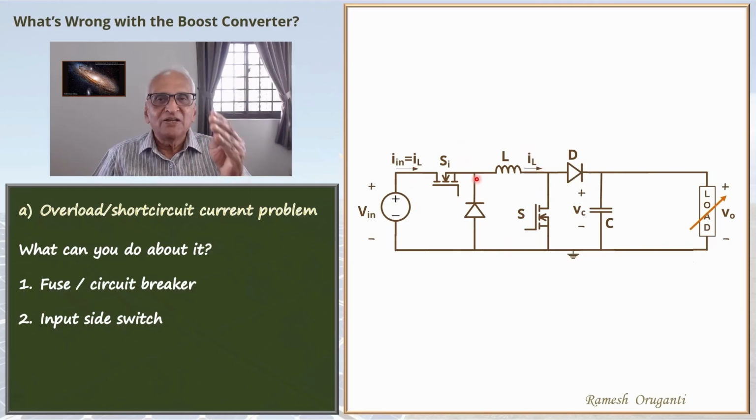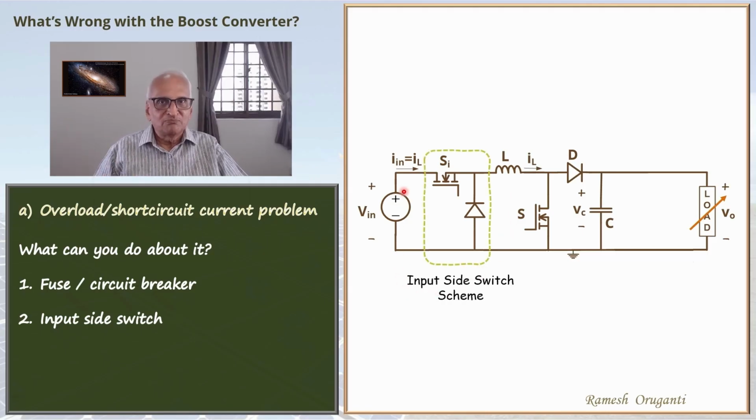There is the same switch diode inductor arrangement. We are not using this part as a buck converter. We are going to use the switch only for overcurrent short circuit protection. So this is the input side switch scheme or input switch scheme. So this is one possible scheme.